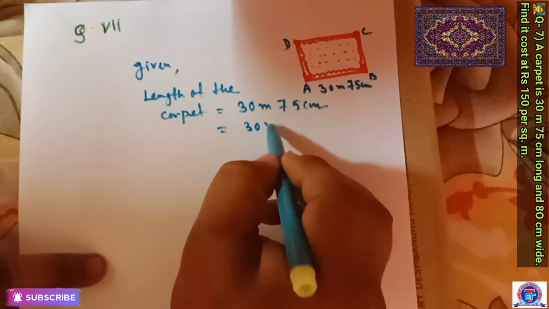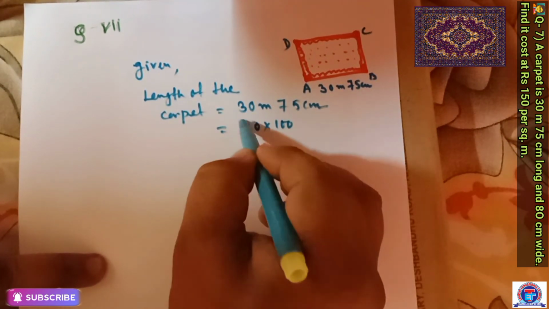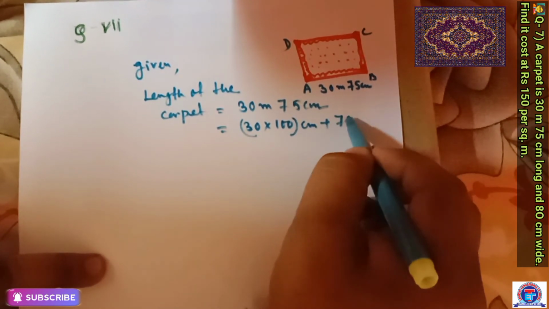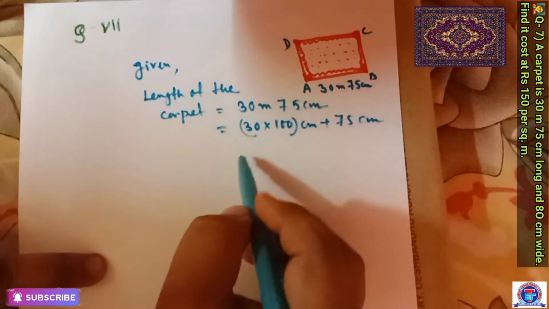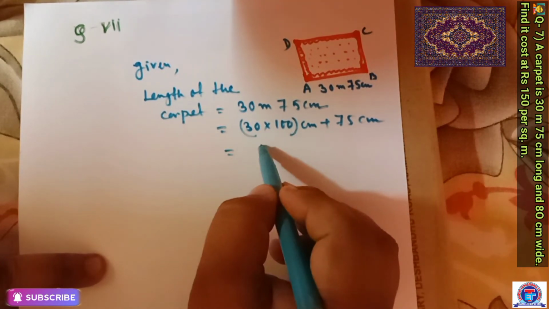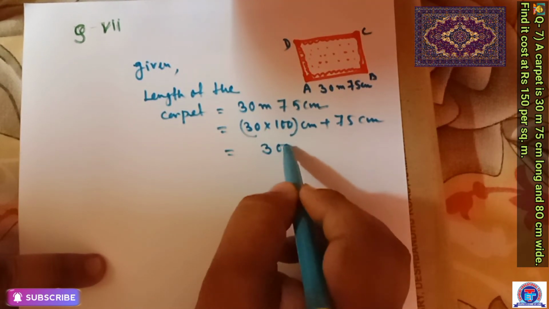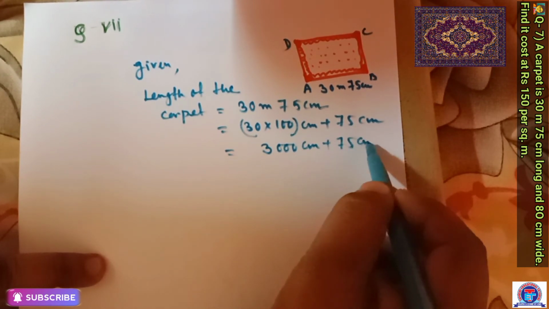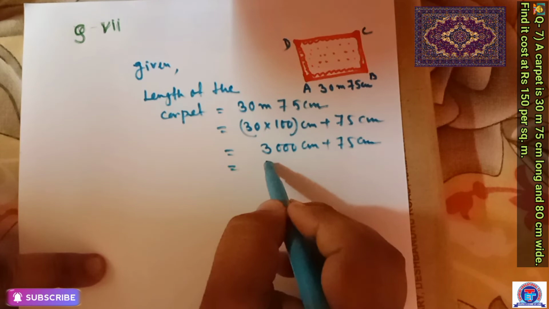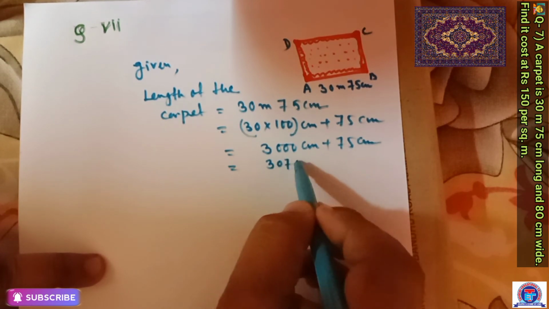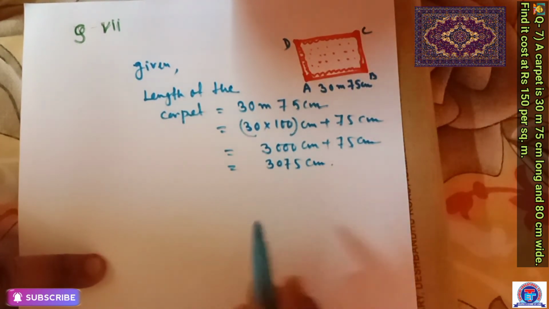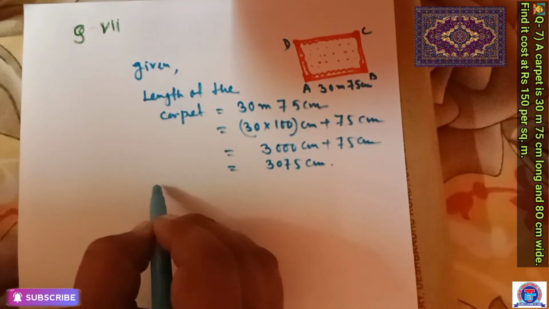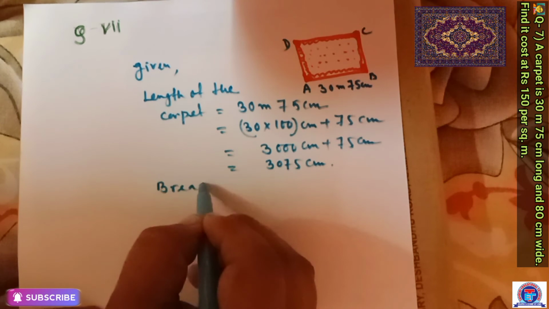So 30 into 100, that is centimeter, plus 75 centimeter. It is equal to 3000 centimeter plus 75 centimeter. It will become 3075 centimeter. Correct, student?